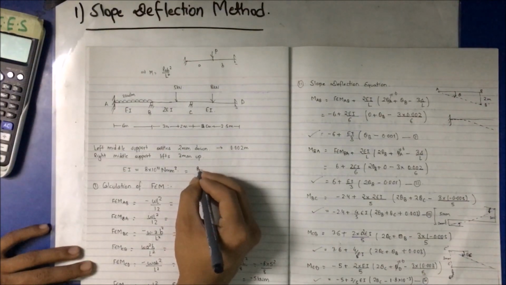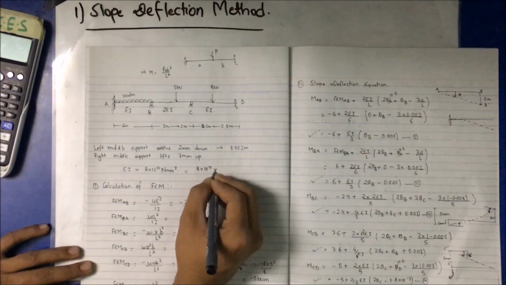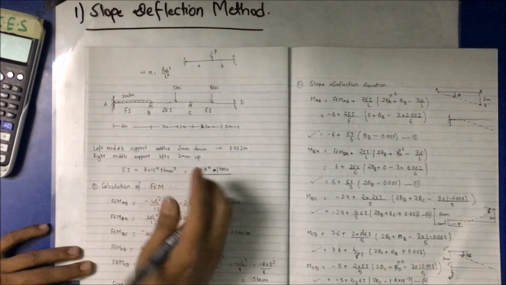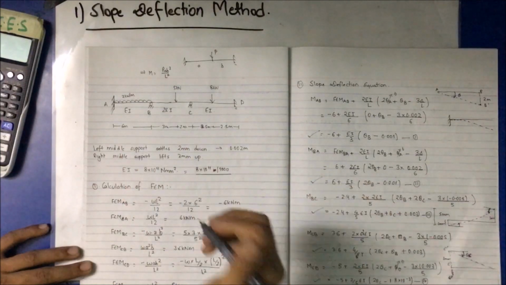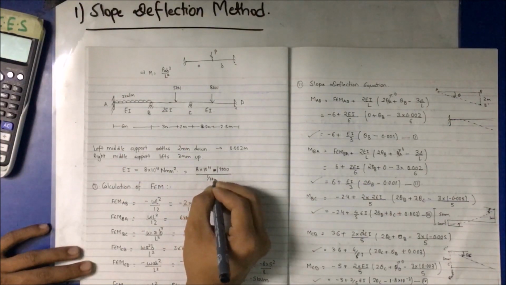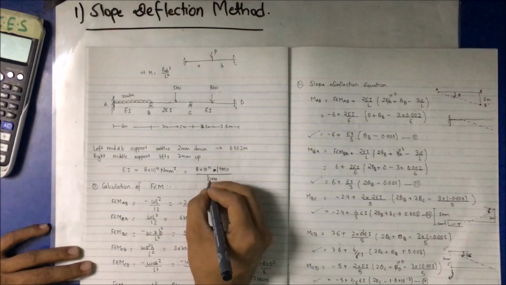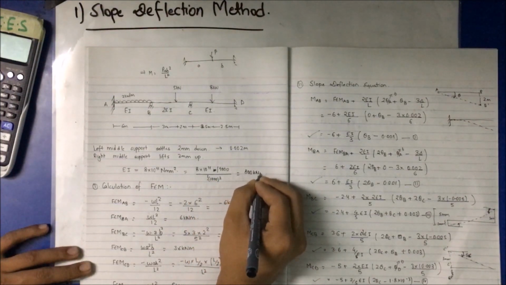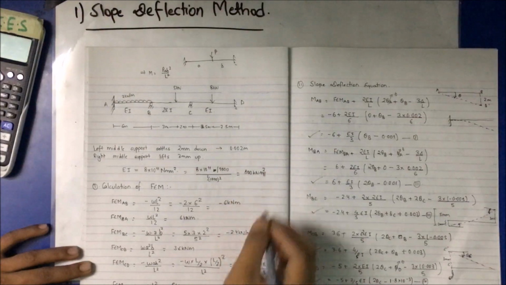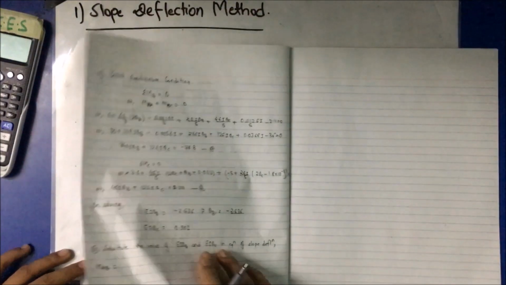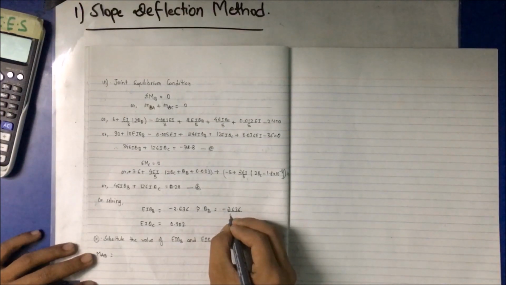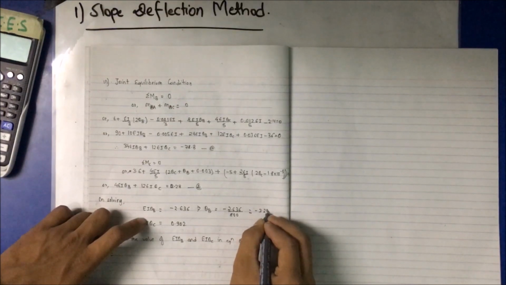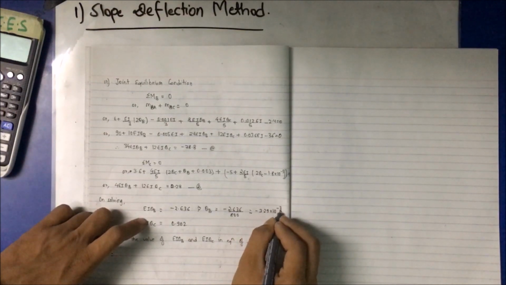So 8 into 10 to the power 11 by 1000, and mm square will convert into meter square, 1 divided by 1000 to the power square, we get 800 kilonewton meter square. So 800 EI, and we get minus 3.29 into 10 to the power minus 3.